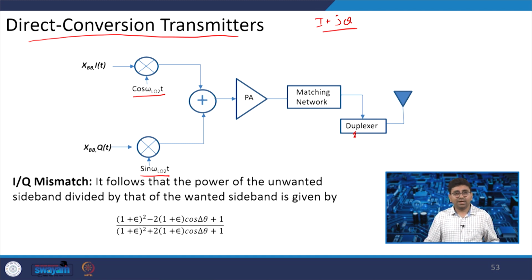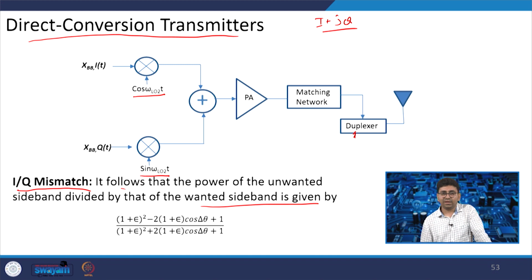But there is a problem, the same problem that we discussed in the direct conversion receiver, that will come in the direct conversion transmitter also, that is IQ mismatch. With IQ mismatch, the power of the unwanted sideband divided by the wanted sideband is given by this expression.